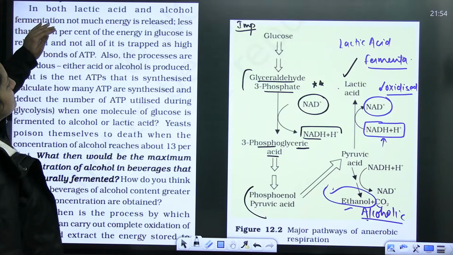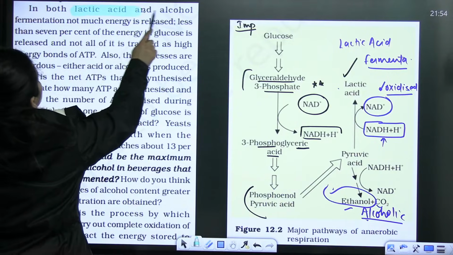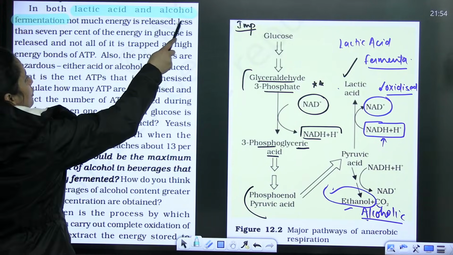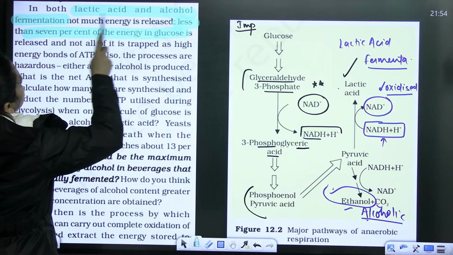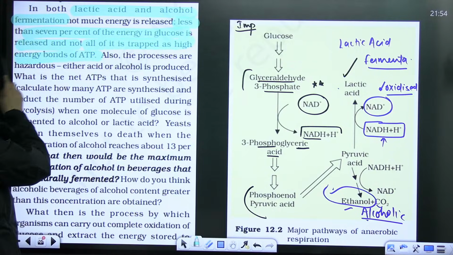Next, in both lactic acid and alcohol fermentation, not much energy is released. Told you already, less than 7% of energy in glucose is released, and not all of it is trapped as ATP.